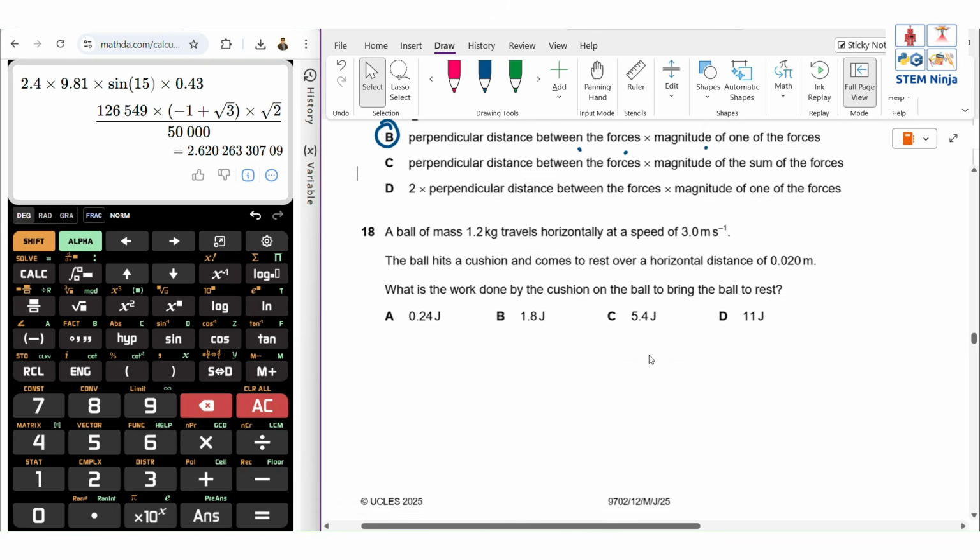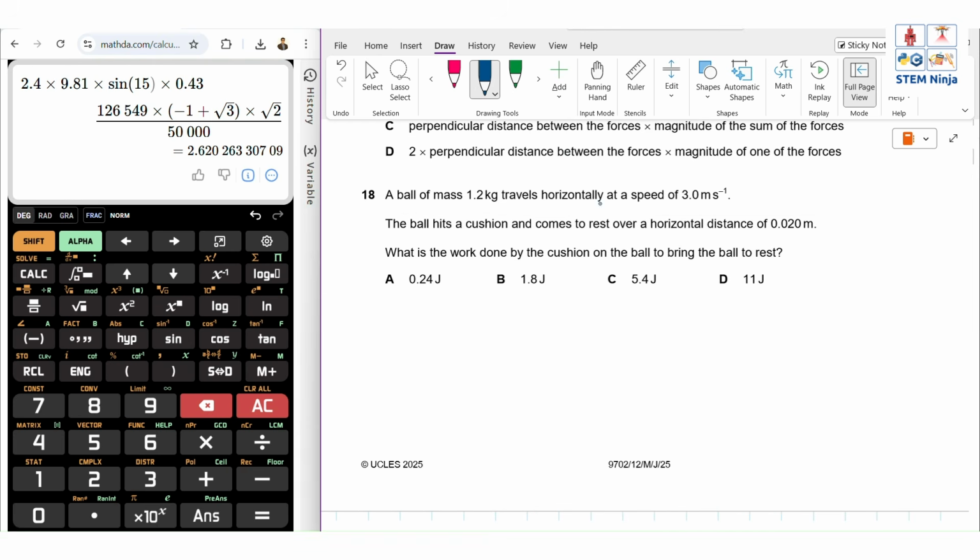A ball of mass 1.2 kg travels horizontally at a speed of 3 meters per second. Ball hits a cushion and comes to rest over horizontal distance of 0.02 meters. What is the work done by the cushion on the ball to bring the ball to rest?